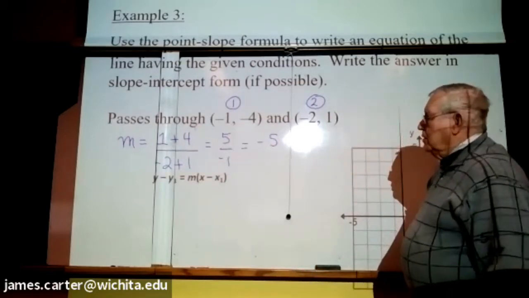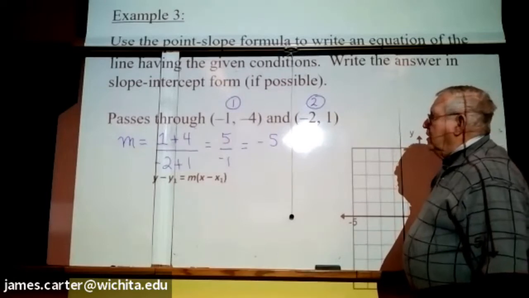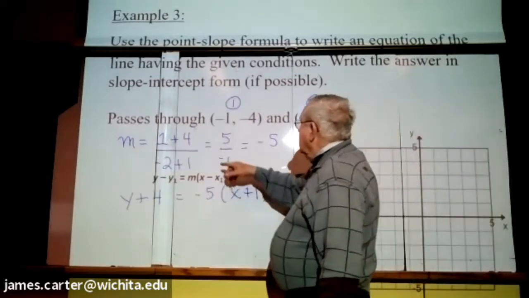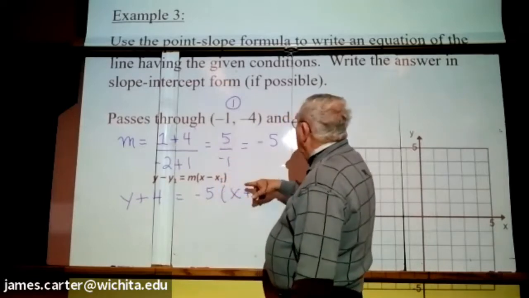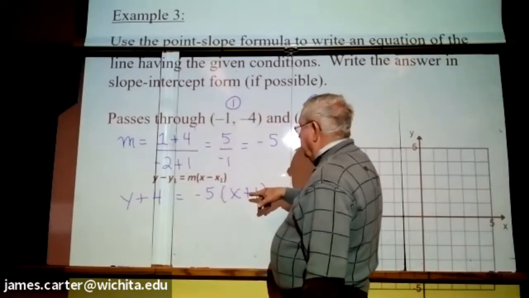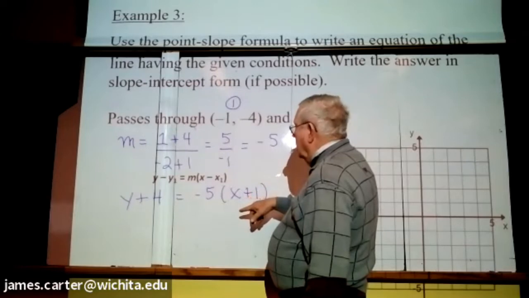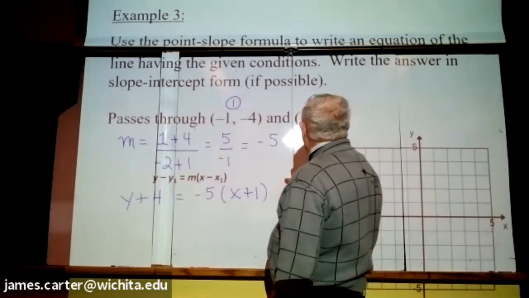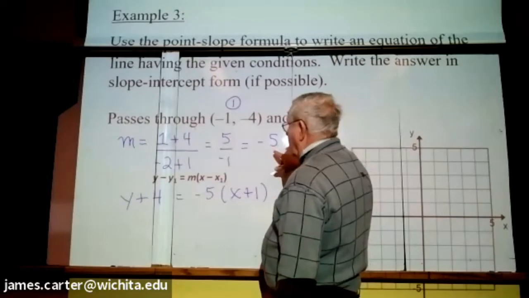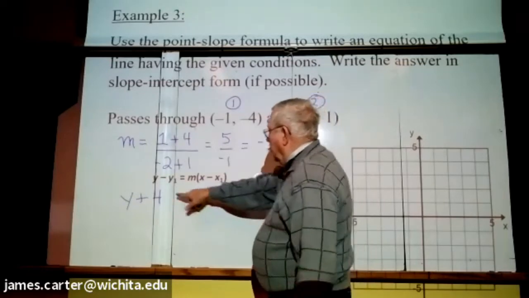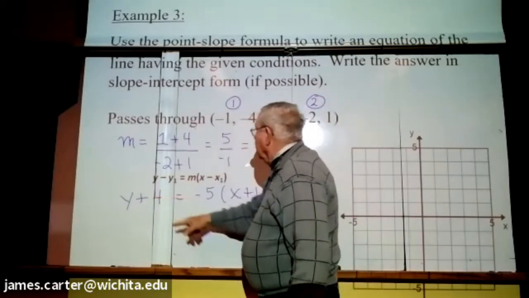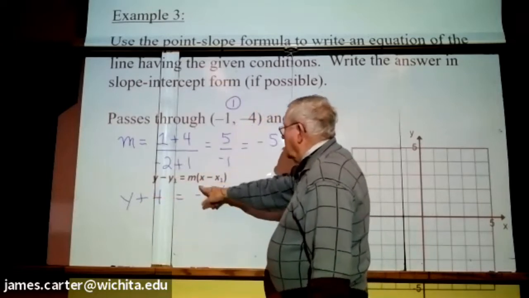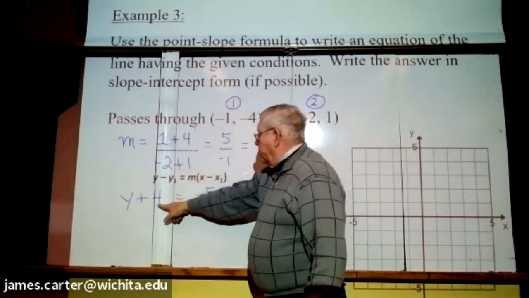Then we're going to use the point slope formula to find the equation of the line. Oh, that's a 4 there, not a 1. Okay, so they're using this point 1 in the point slope equation.